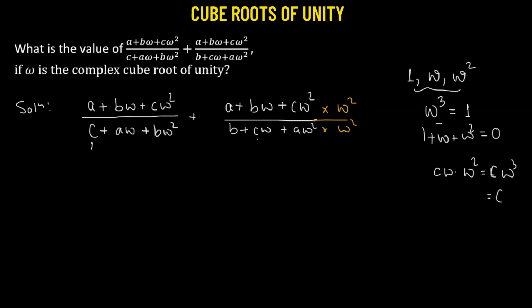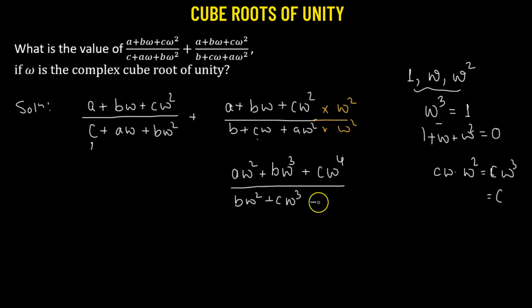So let's do that. This is going to give us a times omega squared, so that's a omega squared. Then b omega plus c omega squared will become b omega cubed plus c times omega raised to the power of 4, divided by b times omega squared plus c times omega cubed plus a times omega raised to the power of 4.